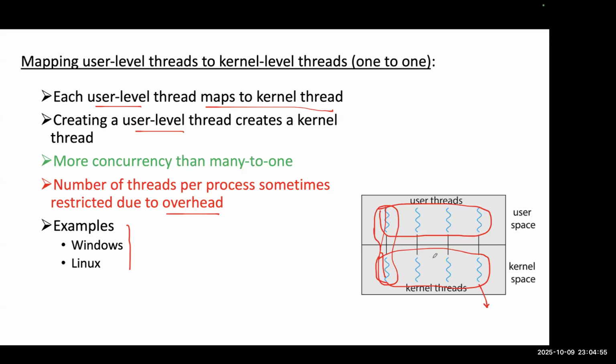I have a question. If you make a user thread, right? Since it creates that kernel thread, does that mean it makes a system call? And is that super expensive or not as much? Yeah, you need to make a system call and it will become expensive because, as I said, whenever user level code has any kind of interaction with the system level code, it becomes much more expensive as compared to the case where you don't interact with the operating system.